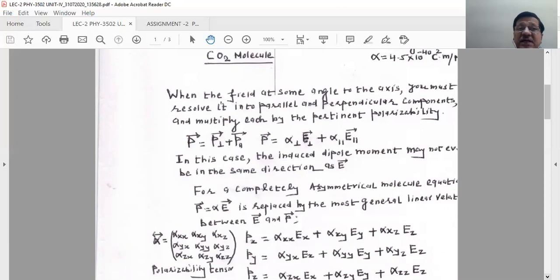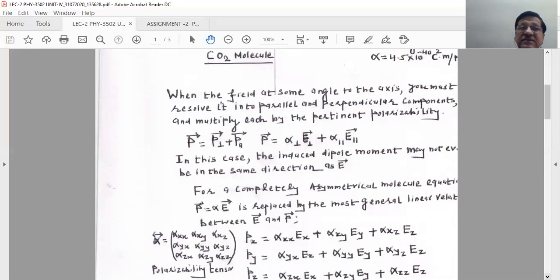Because of the X component of the electric field, you will have the component of induced dipole moment Px. Because of the Y component of the electric field, you will have the induced dipole moment component along the Y direction, and similarly for the Z direction.